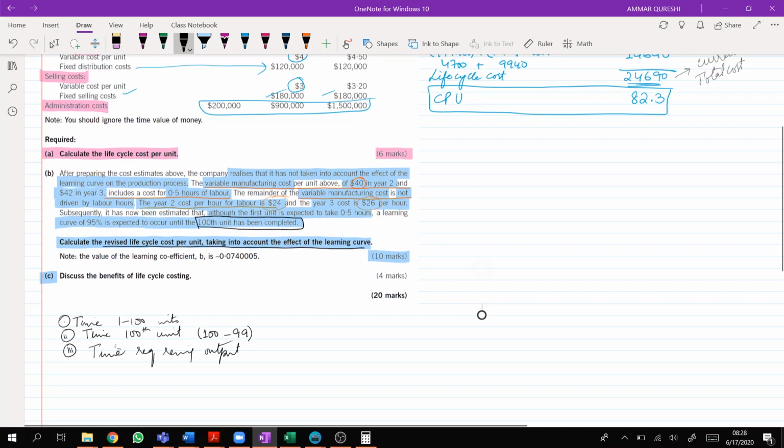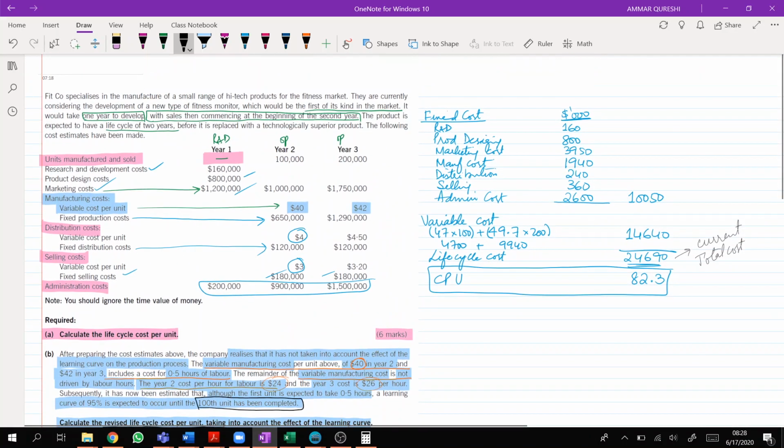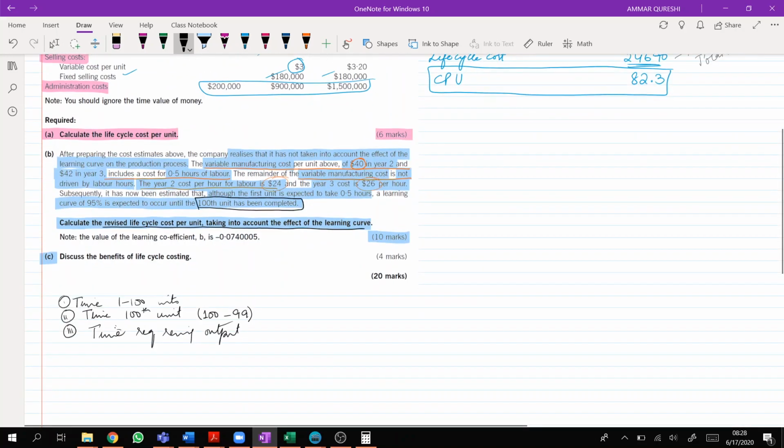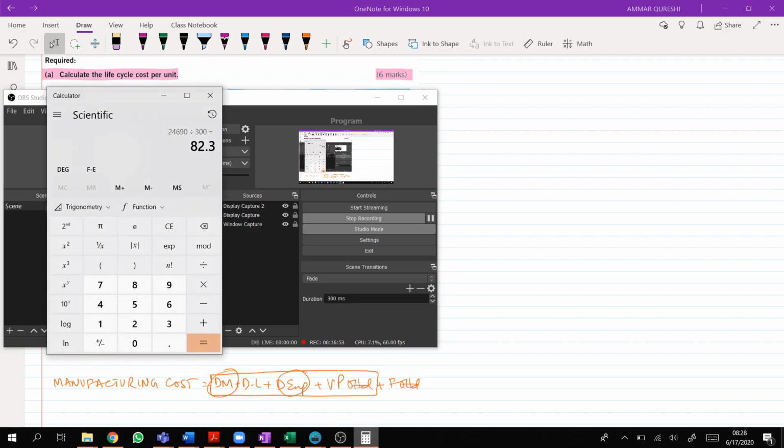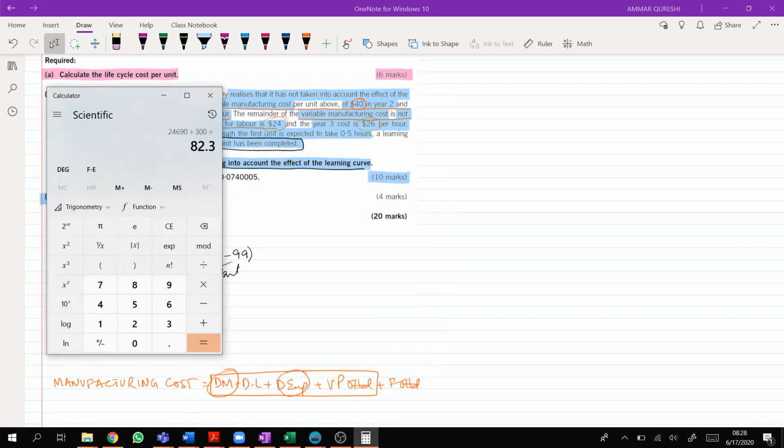And what is the remaining output? See, total output is 100,000 units in year 2 and 200,000 units in year 3, right? So 100 and 200 makes 300,000.